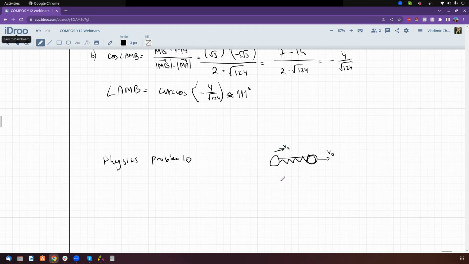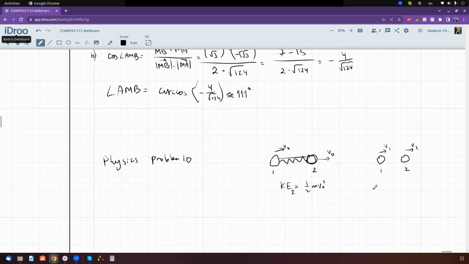So the kinetic energy of the leading ball is 1/2 mv0 squared. After the string is cut, ball 1 is moving with velocity v1 and ball 2 with velocity v2.